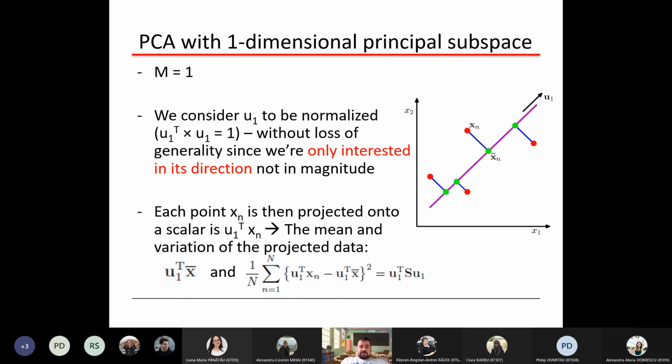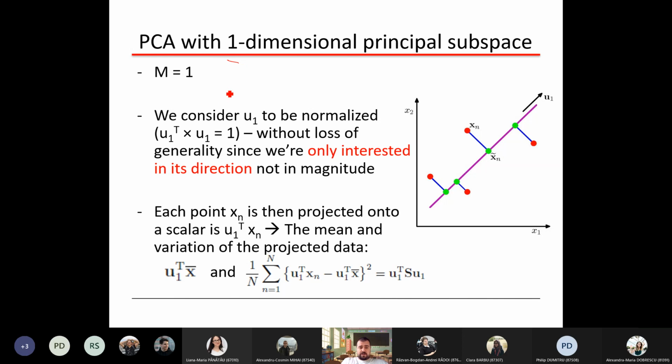So we will start with PCA with only a one-dimensional principal subspace. So the purpose of this first objective is to project the data onto a line, because this is what a one-dimensional principal subspace means.